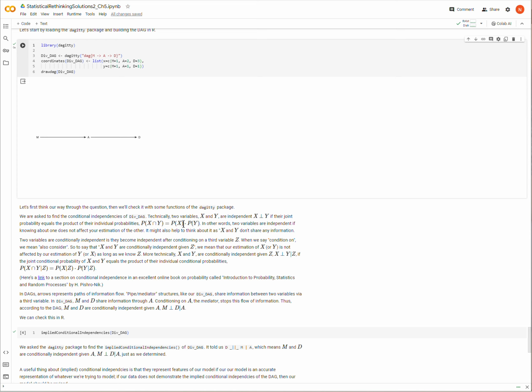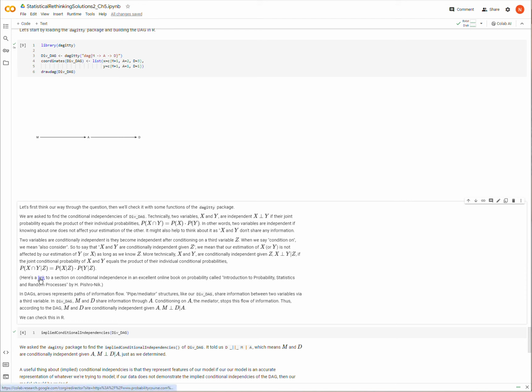What does it mean for two variables to be independent? Technically, it means that the joint probability of X and Y, or in our example M and D, is the same as the product of their probabilities. That's a little bit of a technical thing.